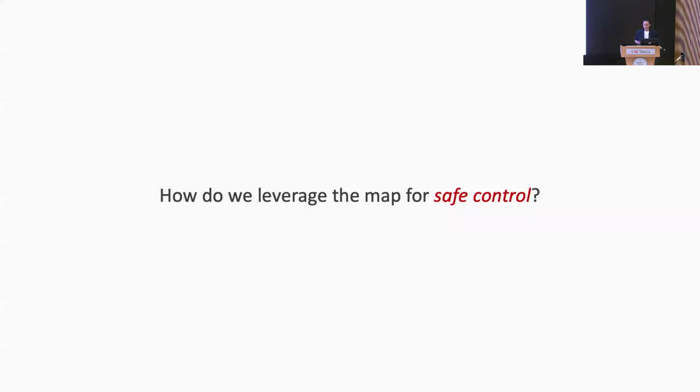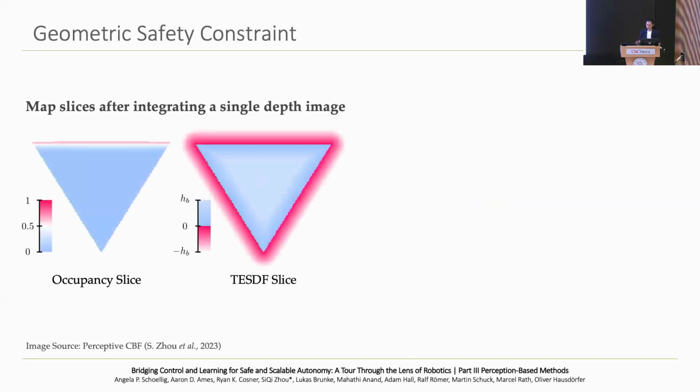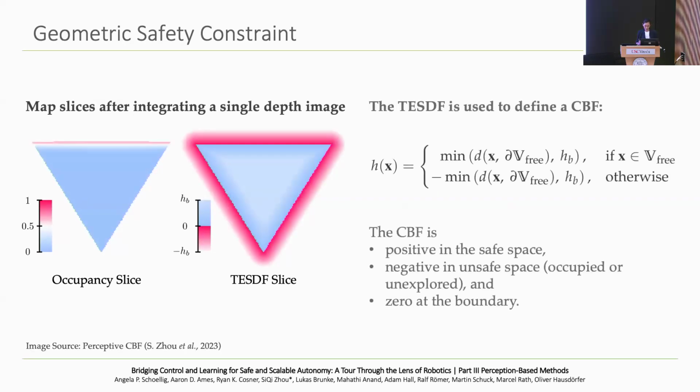So how do we leverage the map for safe control? This was also briefly covered in the other techniques. If we have, for example, a representation of the environment like an occupancy slice, we can convert this to something like a signed distance function or Euclidean signed distance function, which maps each point in the space to a scalar value that captures the distance to the closest surface.